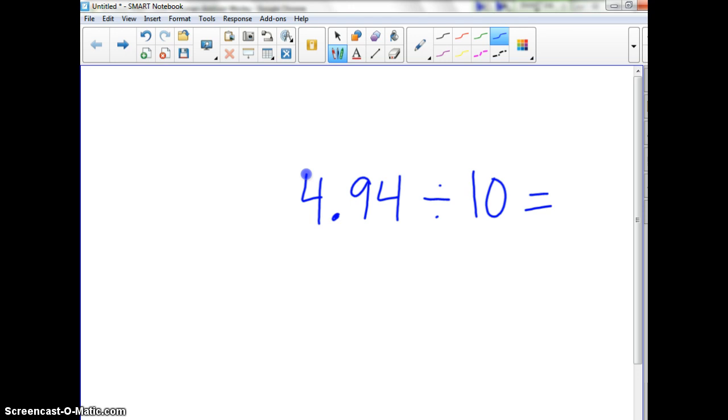There's only one of them, so 1 spot to the left, which is, how do we say that? Yes, 494 thousandths. The third spot is the thousandths, remember? Tenths, hundredths, thousandths. Good work.